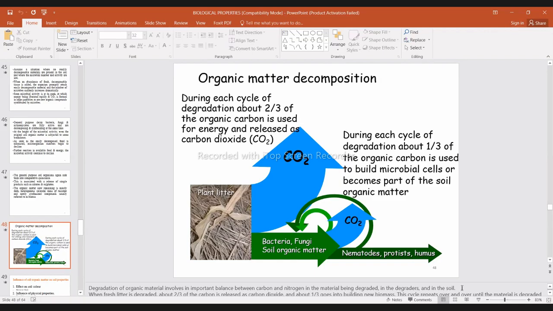During each cycle of degradation, about one-third of the organic carbon is used to build up microbial tissues, bacteria, fungi, and soil organic matter, or becomes part of the soil organic matter, right? So degradation of organic material involves an important balance between the carbon and the nitrogen in the materials being degraded, right?